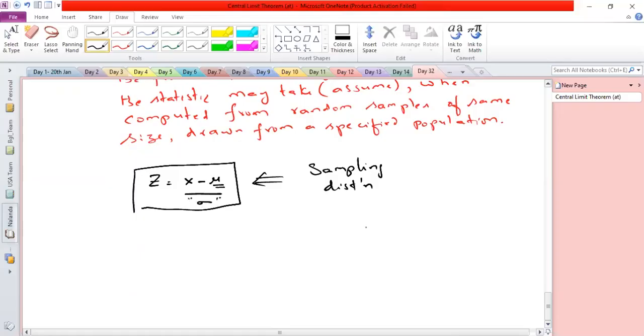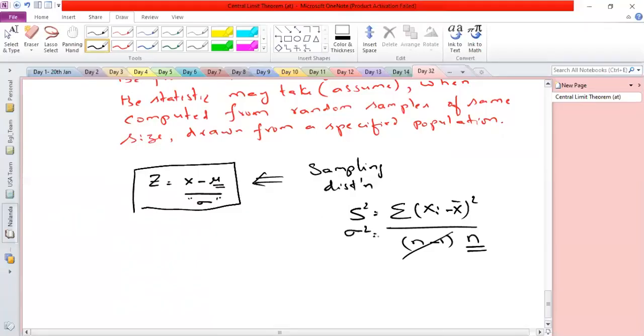How do I know this? You have the same formula which we discussed above: s square is sigma of xi minus x bar whole square divided by n minus 1. If I remove the n minus 1 and use n, then this becomes sigma square. Guys, you understand what I'm trying to say?